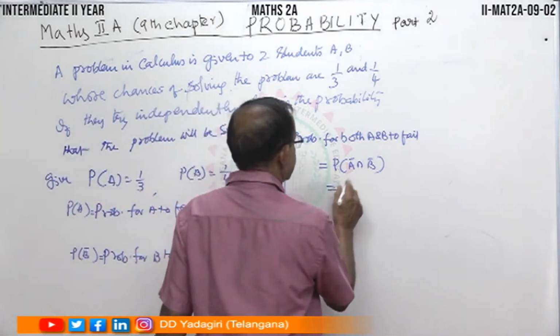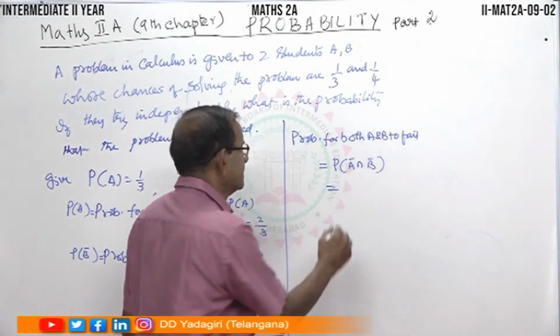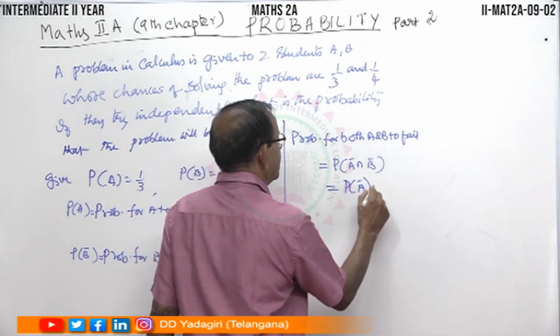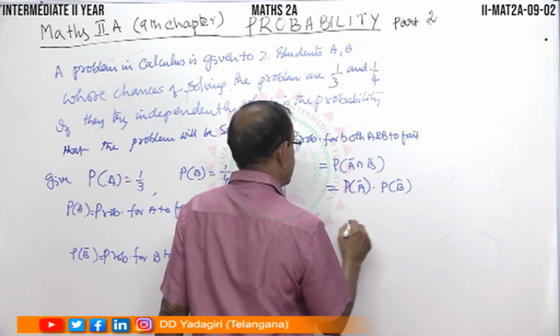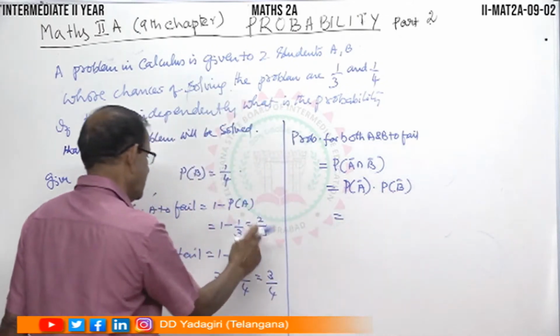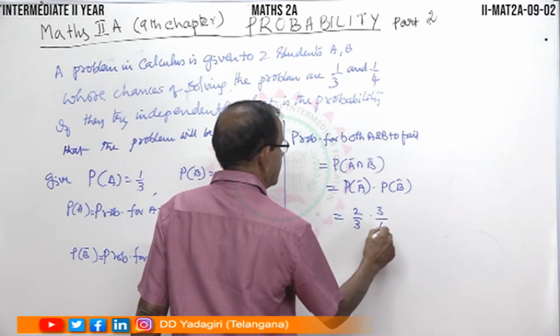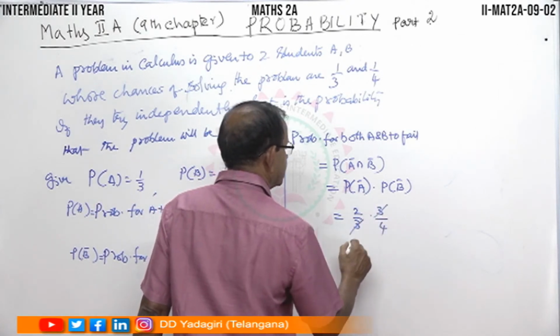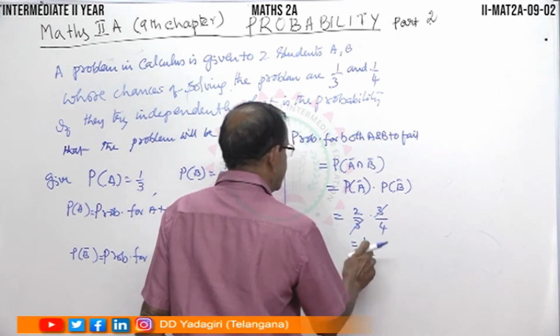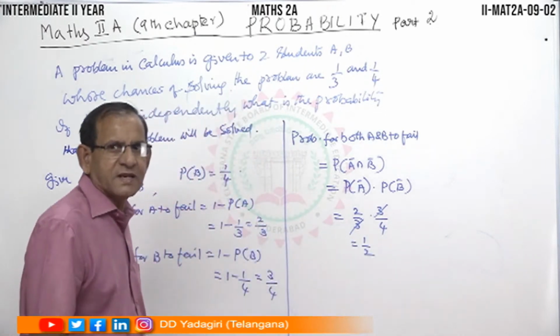This is equal, because these two things are independent events. So this is P of A bar into P of B bar, which is equal to 2 by 3 into 3 by 4. 3 is cancelled. So 2 by 4 means 1 by 2. This is probability for both to fail.